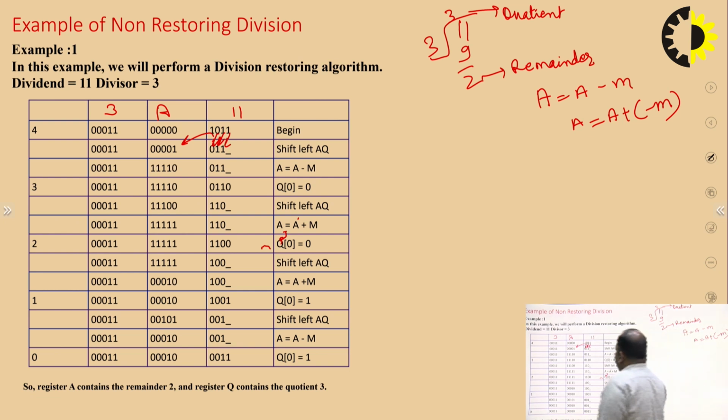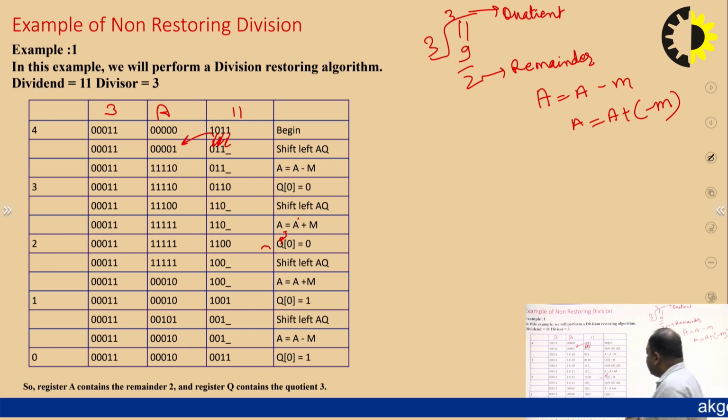After this we do A = A - M. After doing A = A - M, we check the value of A. If it is 0, we put Q0 equal to 1, and if it is 1, we put Q0 equal to 0. So we put a 0, and then again we do a left shift. After the left shift, if we get a 1, we do A = A + M.